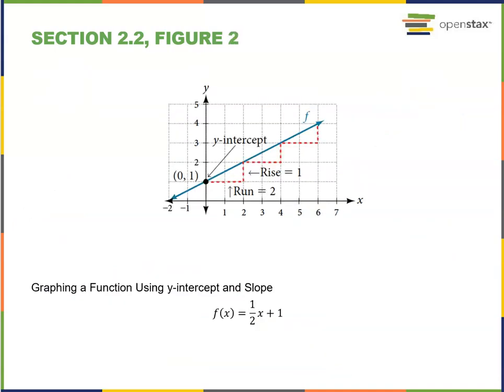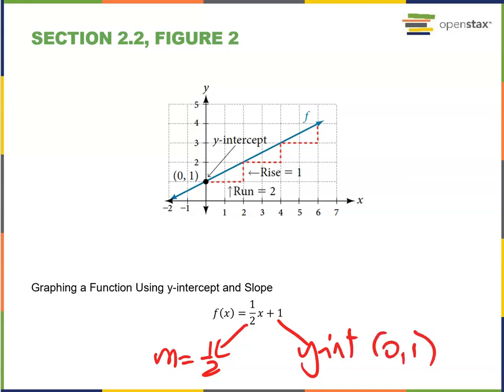Next, graphing a function using the y-intercept and slope. So again, here is the y-intercept. Oh, the slope, sorry, which is 1/2, and this is the y-intercept at 0, 1. So you can start at 0, 1 here. And we know the slope is 1/2.